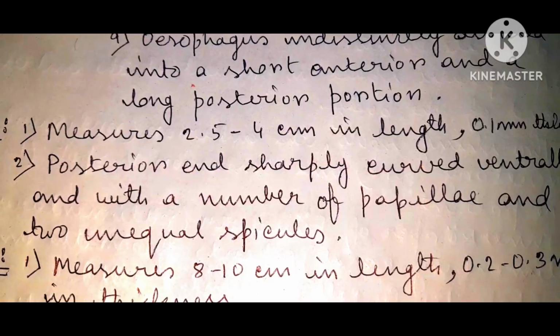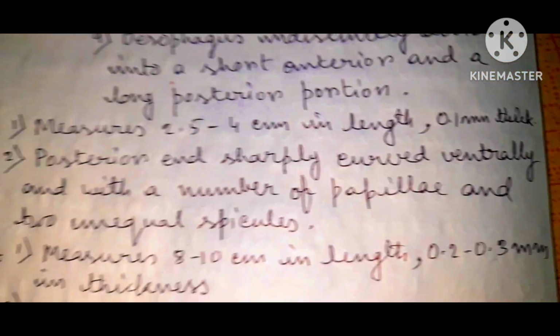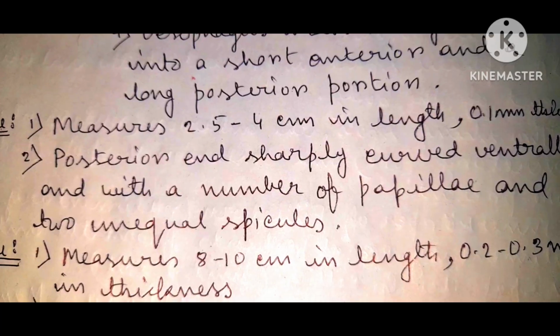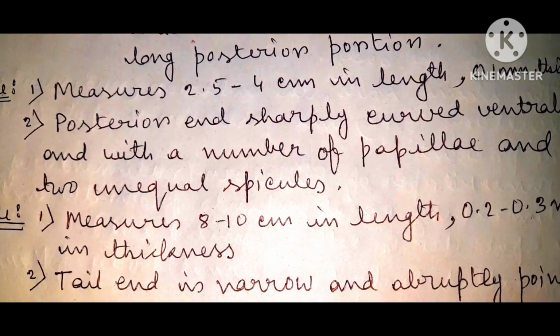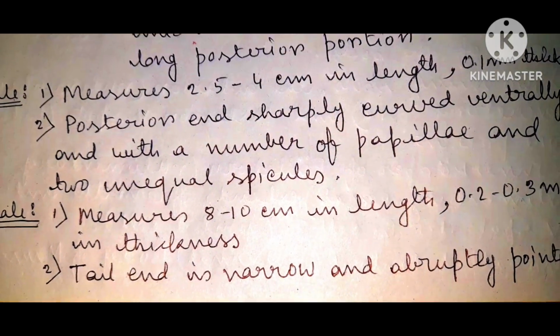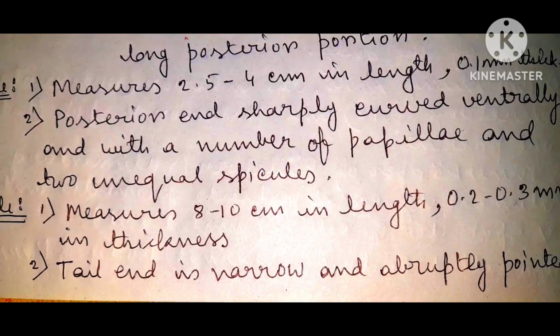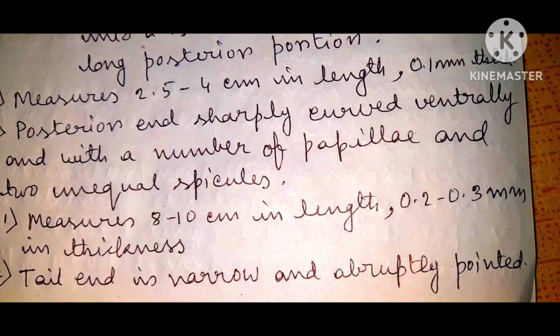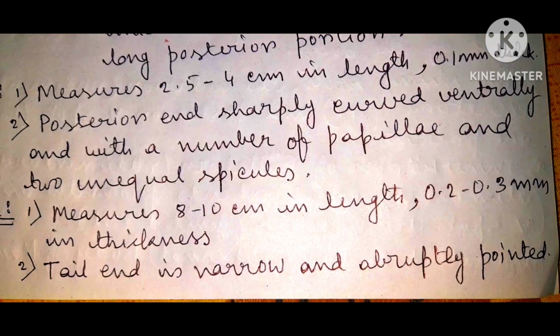Male measures 2.5 to 4 cm in length and 0.1 mm in thickness. Posterior end sharply curved ventrally with a number of papillae and 2 unequal spicules. Female characteristics: measures 8 to 10 cm in length, 0.2 to 0.3 mm in thickness.